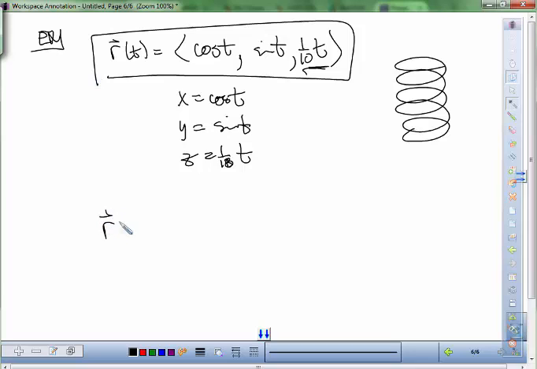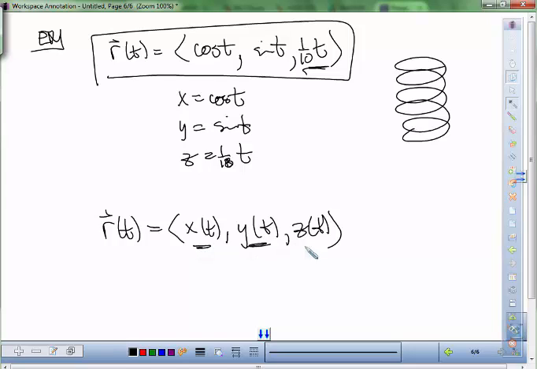So what can you do with a vector function? Well, turns out that you could do calculus with them. We could do calculus with f of x, right? We can find limits, derivatives, and integrals of f of x.